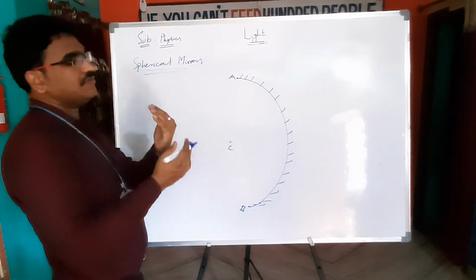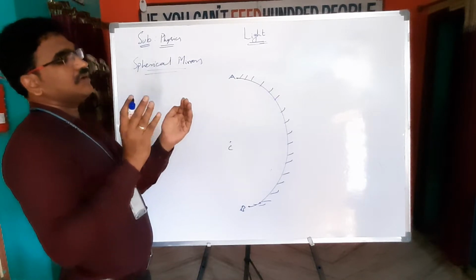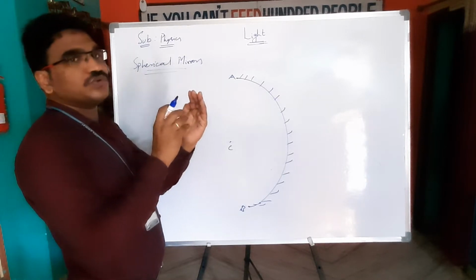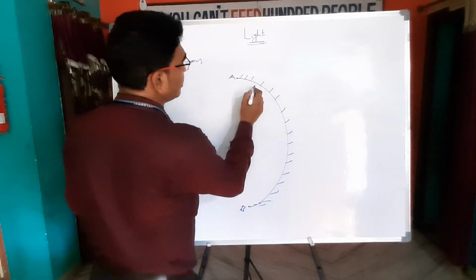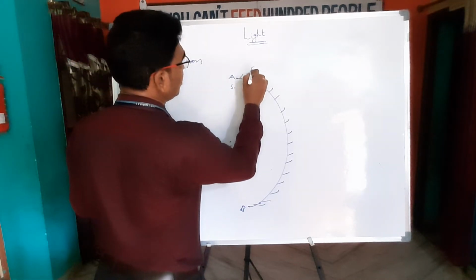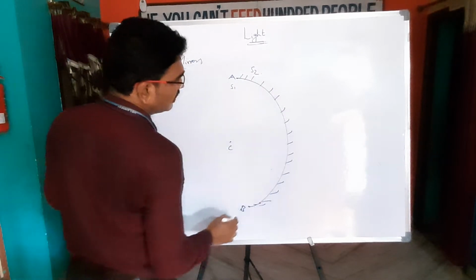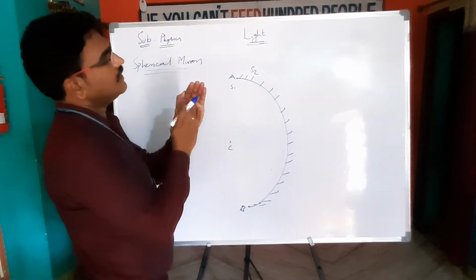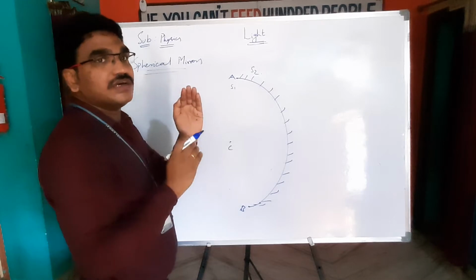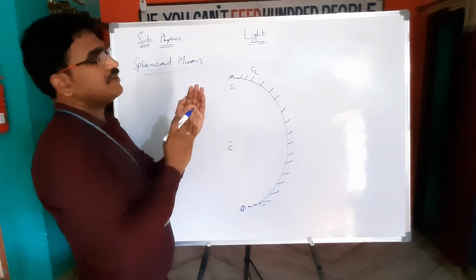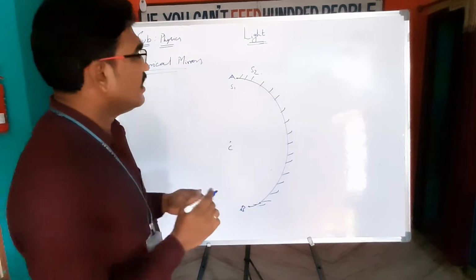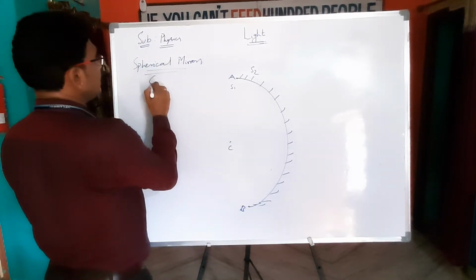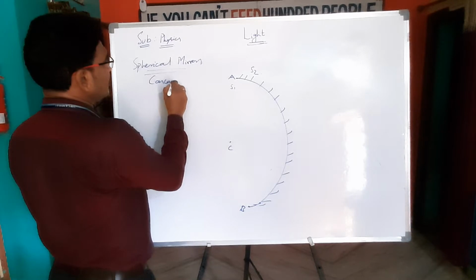If this side is silvered, then this glass part is going to act as a reflecting surface on this side. So this surface is S1 and this surface is S2. The S2 surface is silvered and this surface is going to become the reflecting surface. If this is becoming a very good reflecting surface, I can call it a mirror, and this mirror is nothing but a concave mirror.